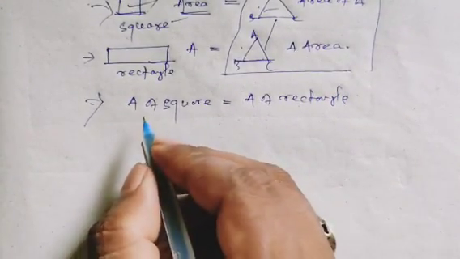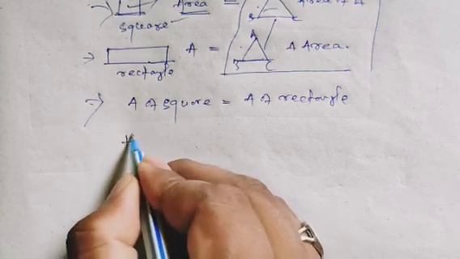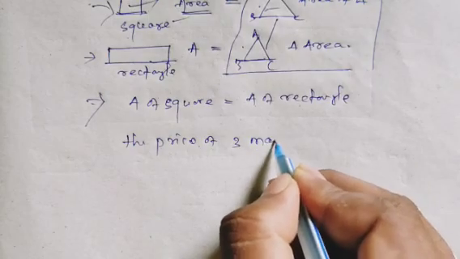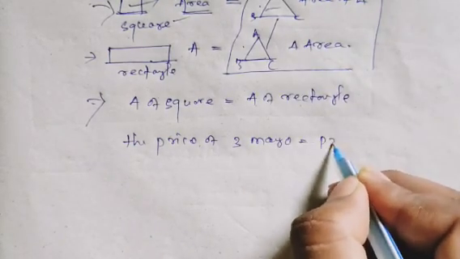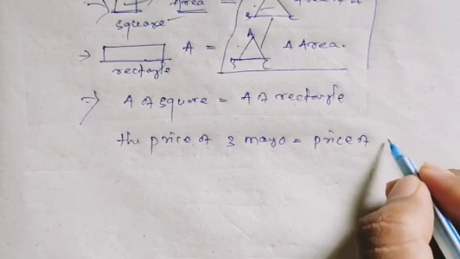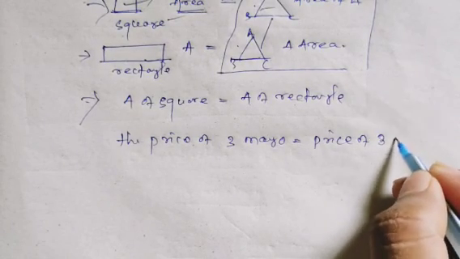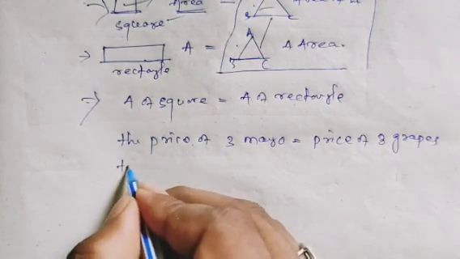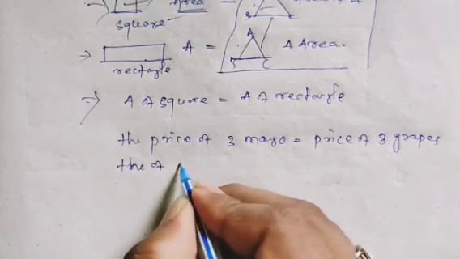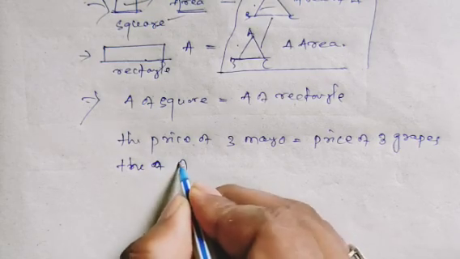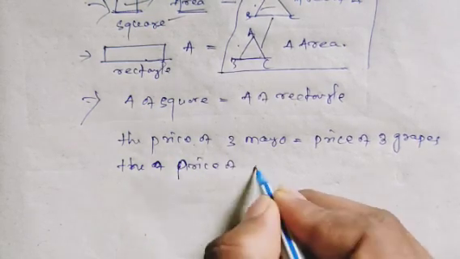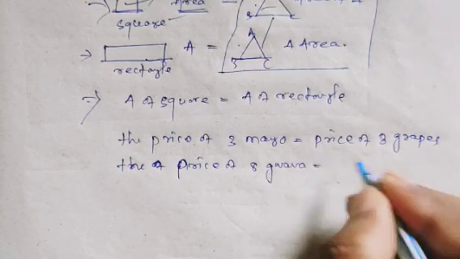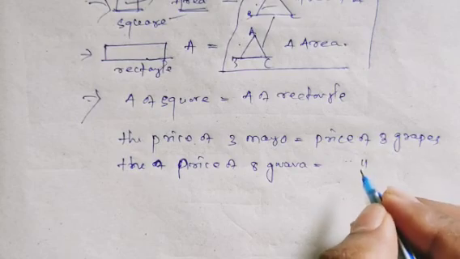Right, I can say that. Or let's take another example. Let the price of 3 mangoes be equal to the price of 3 grapes, and the price of 8 guavas is equal to the price of 3 grapes.